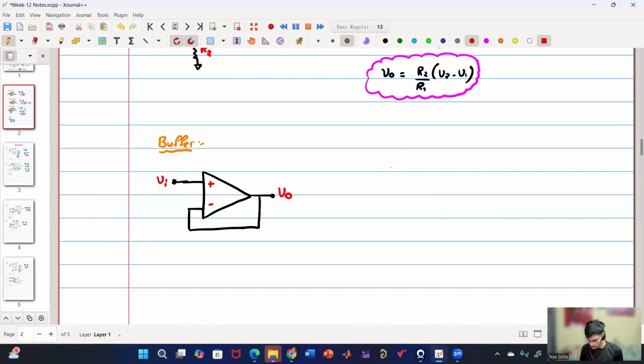By virtual short, you can directly say that V naught equals VI. So this is called unity buffer or buffer. Clear? Just virtual short.